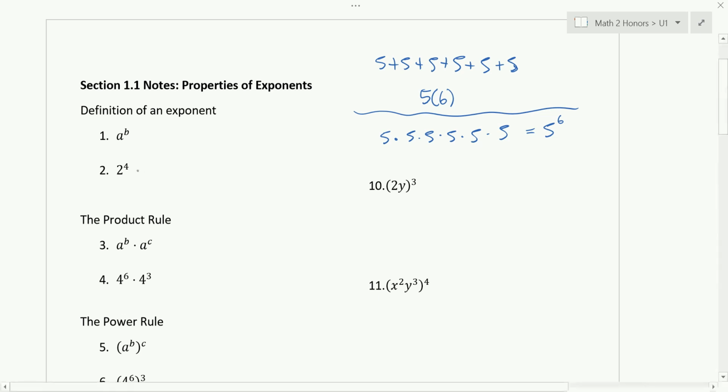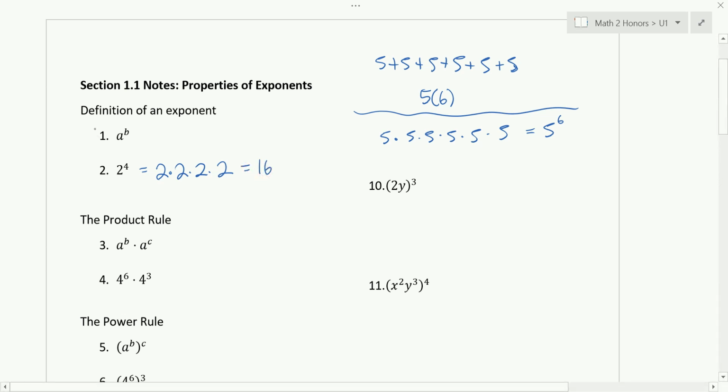So number 2 here, 2 to the 4th power means 2 times 2 times 2 times 2. We got 4 2's that are being multiplied together. And what's that going to multiply out to? 16.